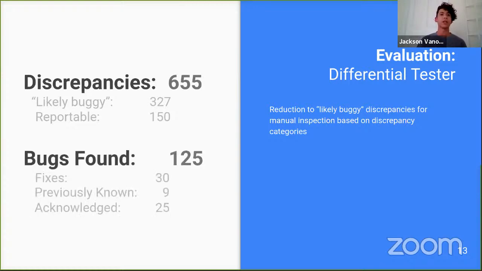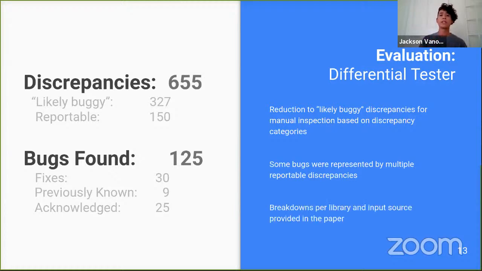Of those, there were 125 unique bugs, which is to say that some bugs were represented by multiple discrepancies. All of these have been reported to library maintainers. At this point, we've seen 30 fixes, 9 have been found to be previously known, and a further 25 have been acknowledged by the developers. There's a full breakdown in the paper per library and per input source for those who are interested.